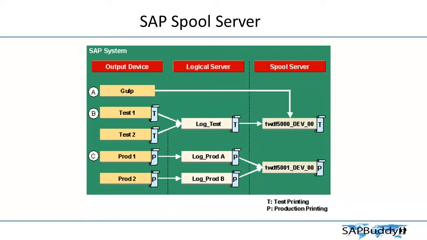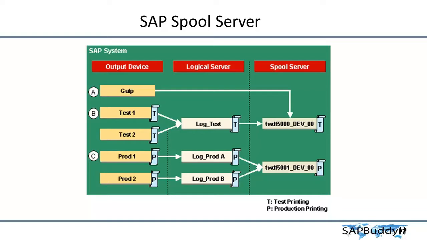Let's say you assign everything to one spool server but you want load distribution based on some priority, then you can have a logical server group which helps you with load distribution in your entire spool management process. That is the use of a logical group.